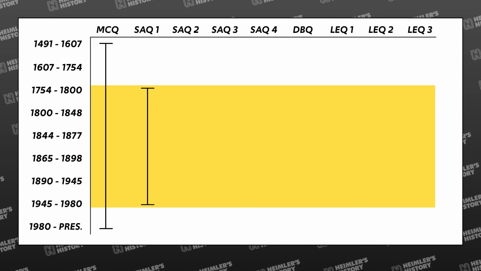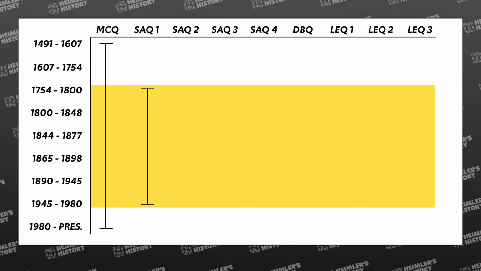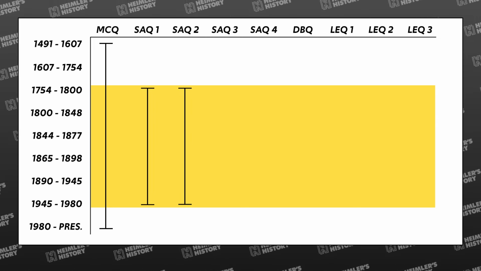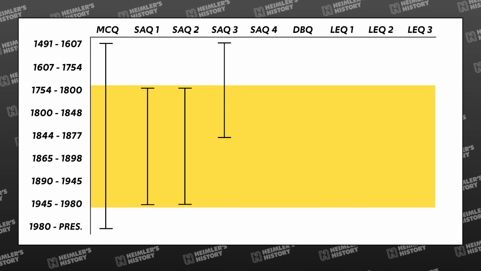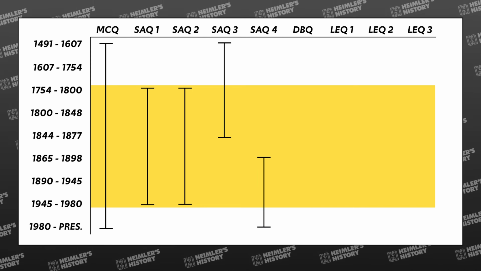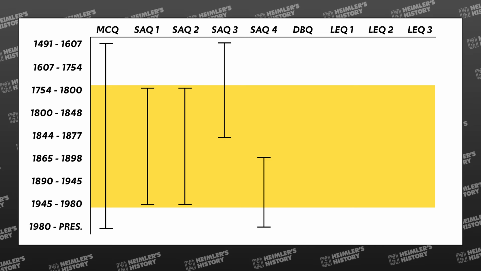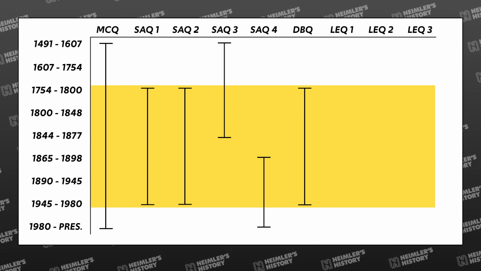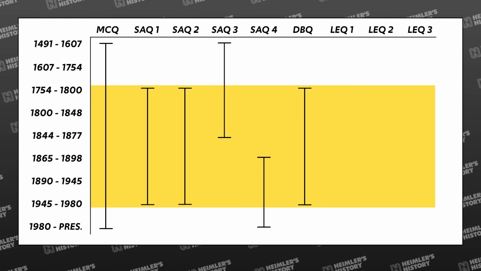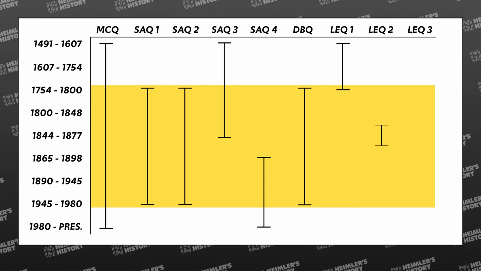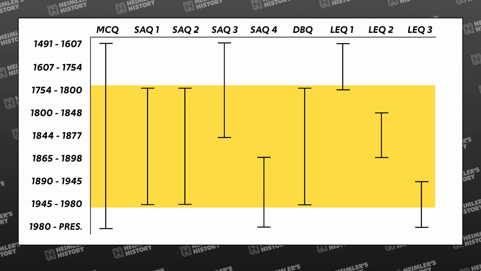The first SAQ will be pulled from 1754 to 1980, the second SAQ from 1754 to 1980, and the third and fourth, of which you have a choice, will be pulled from 1491 to 1877 and 1865 to 2001 respectively. The DBQ will come from 1754 to 1980, and your 3 LEQs, of which you only need to write one, will come from the following time periods: 1491 to 1800, 1800 to 1898, and 1890 to 2001.